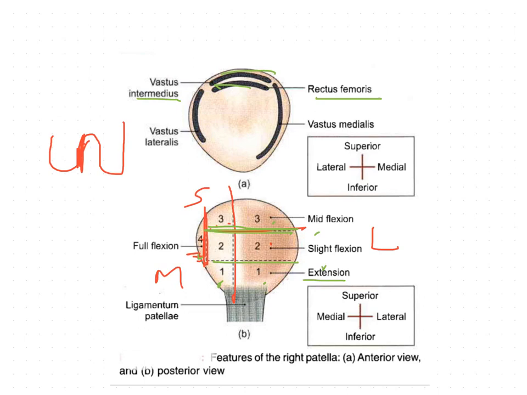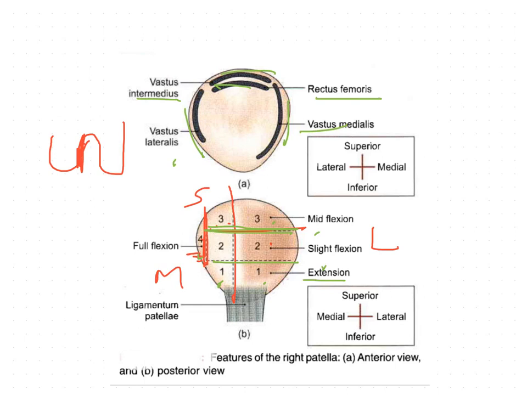And if you see the medial and lateral borders, they give attachment to the vastus medialis on the medial aspect and vastus lateralis on the lateral border. Okay, a small shallow circular depression near the junction of the base and the lateral border gives insertion to the vastus lateralis.